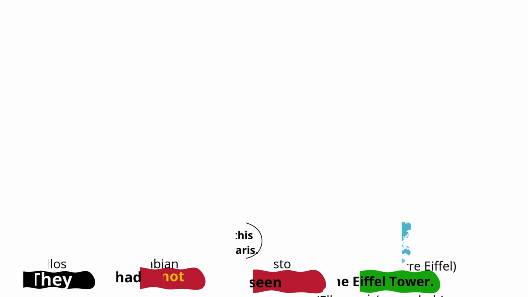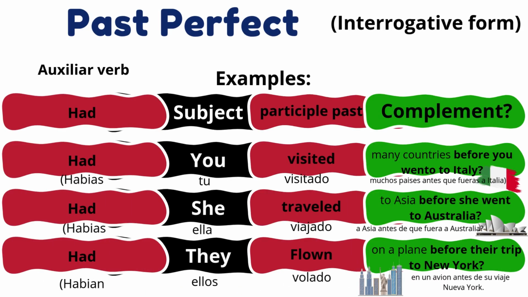Now, let's check our interrogative form. In the interrogative form, at the beginning, you need the auxiliary verb had for all subjects. Then you need your subject, your main verb in past participle, and your complement.